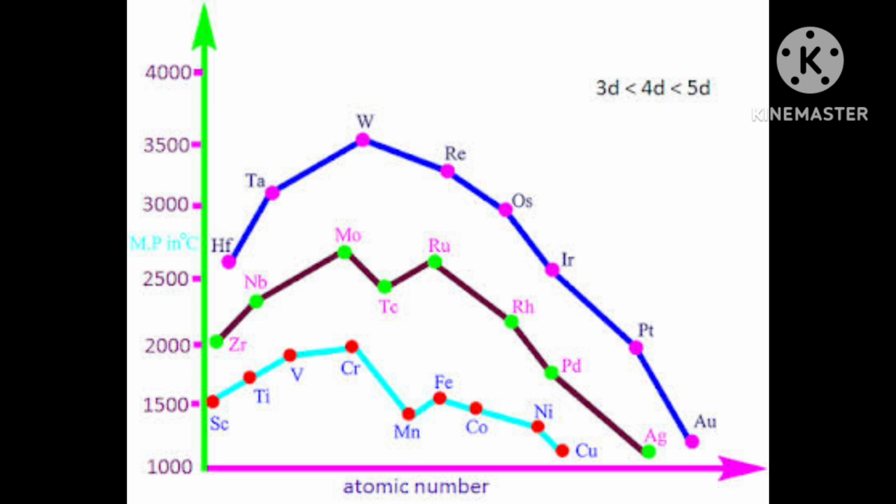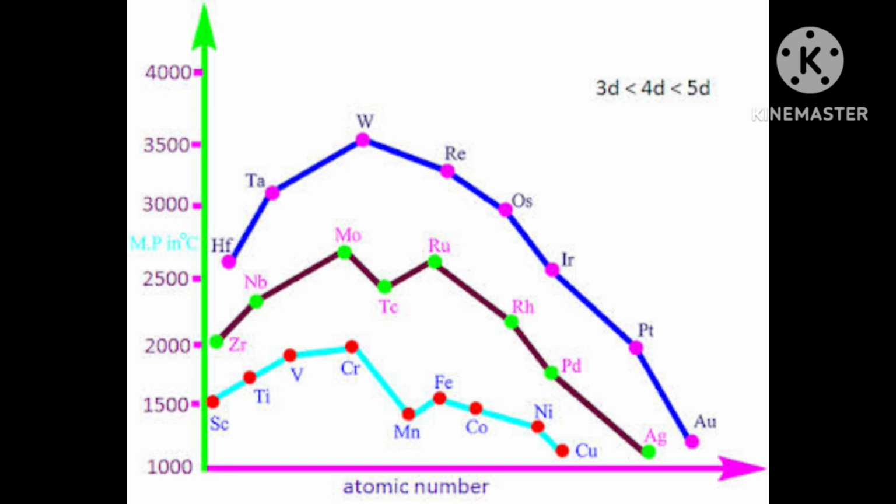Again, I want to tell you, the curve shows an increase from the first, 3d, to the second, 4d, series of the elements, but the radii of the third series are virtually the same as those of the corresponding members of the second series.